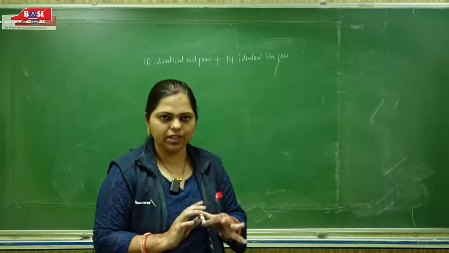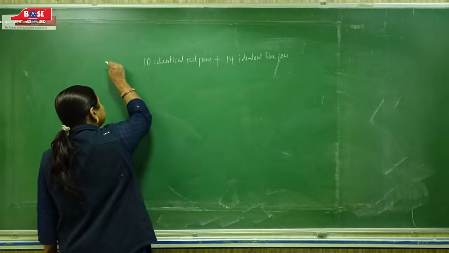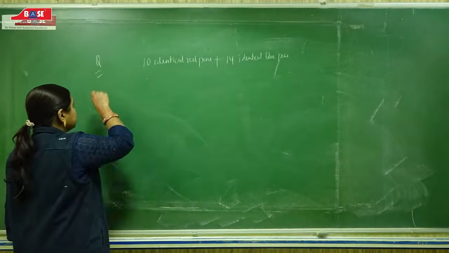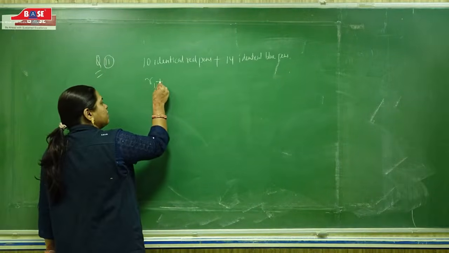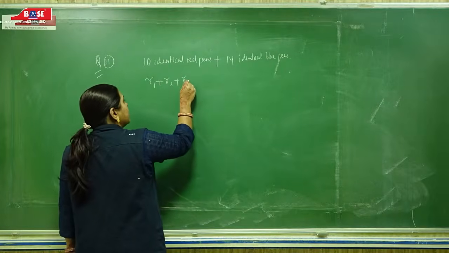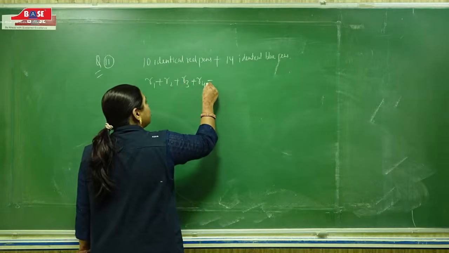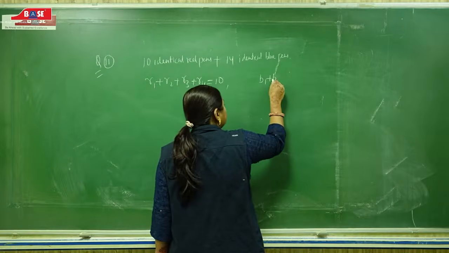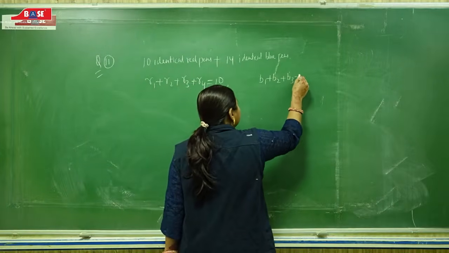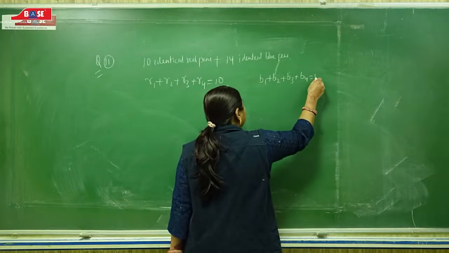You know that R1 plus R2 plus R3 plus R4 should be 10, and B1 plus B2 plus B3 plus B4 has to be 14.